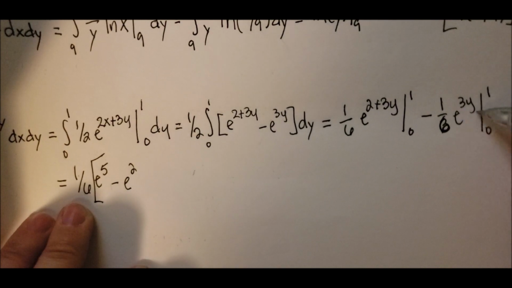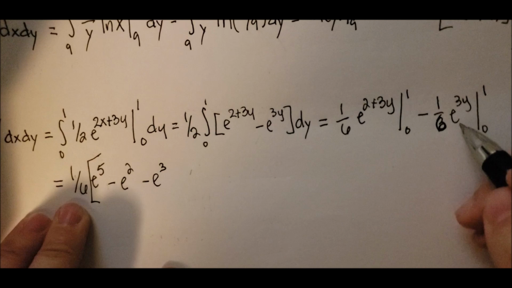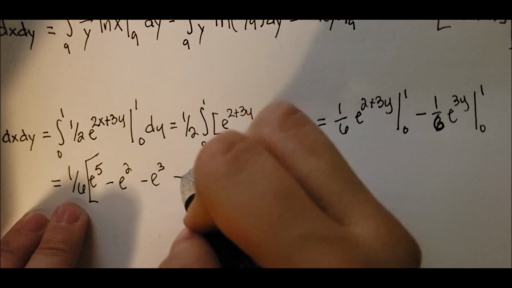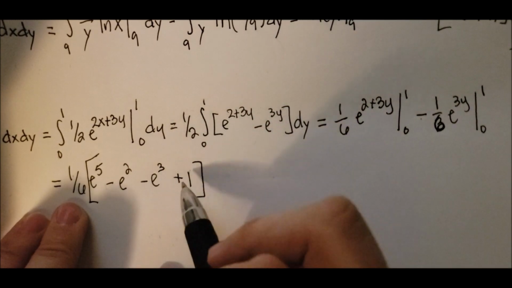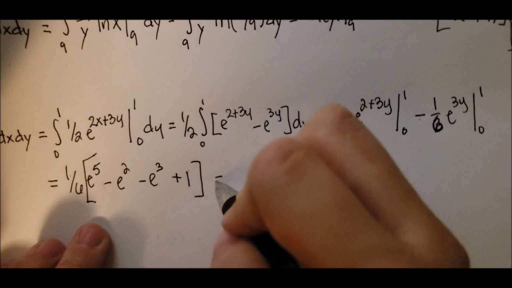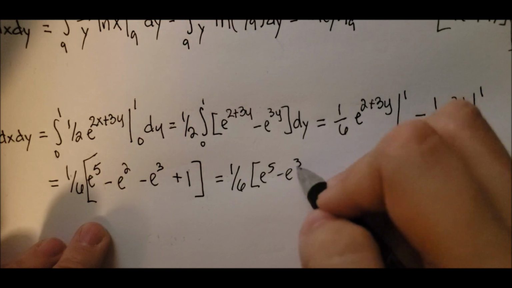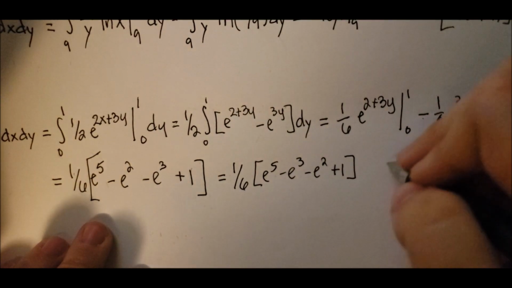So the first one would be e cubed, and then e to the 0 is just 1. And it'd be a negative, so that'd be positive 1. And this is b.